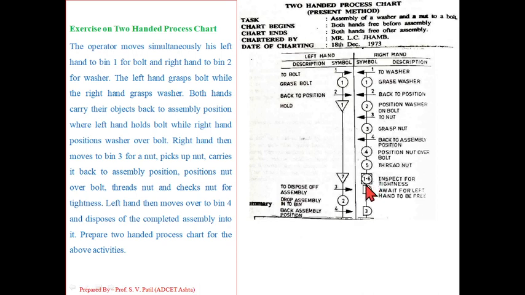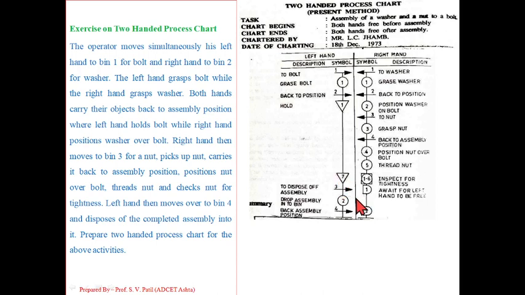So we have used the two symbols simultaneously. The circle indicates the operation, the rotary motion, and the square indicates the inspection, confirming whether the nut is tightened or not. During this, the left hand is securing the head of the bolt, so the symbol is an inverted triangle.